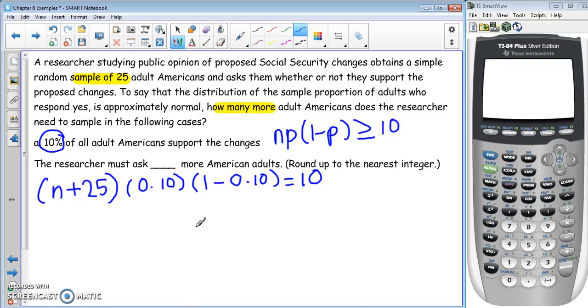So let's do 0.10 times (1 minus 0.10), enter. So we have n plus 25 times 0.09 equals 10. Now I can divide both sides by this 0.09.